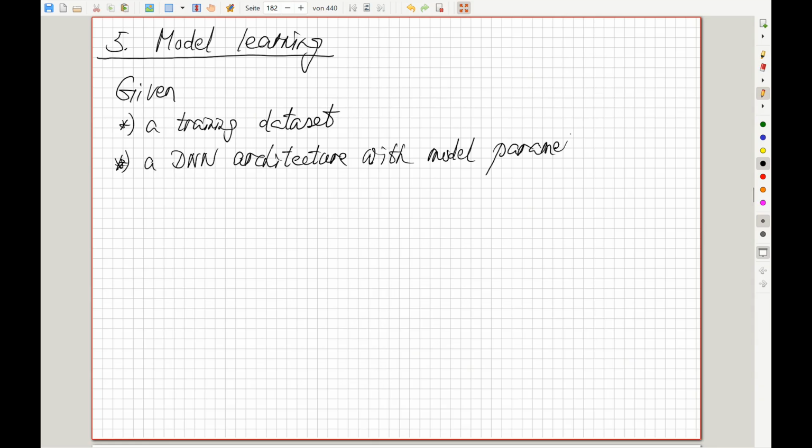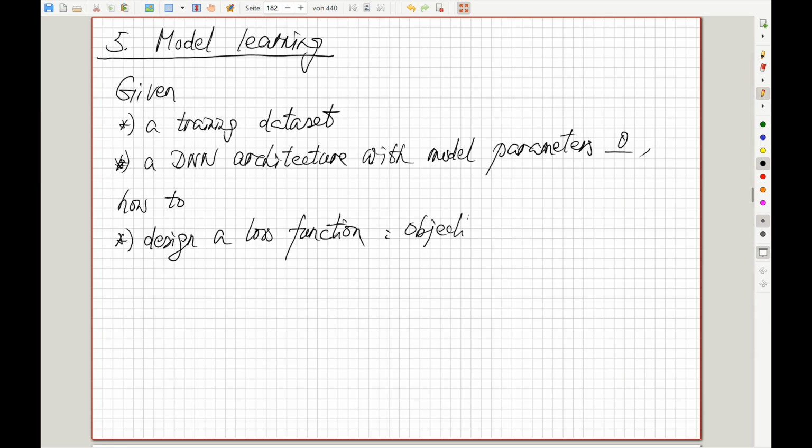It contains all the model parameters we would like to learn from the data set. Now the question is how to design a loss function. And this is a topic of objective engineering. Objective means we design the objective of the optimization problem. What's the goal, right? Objective engineering.